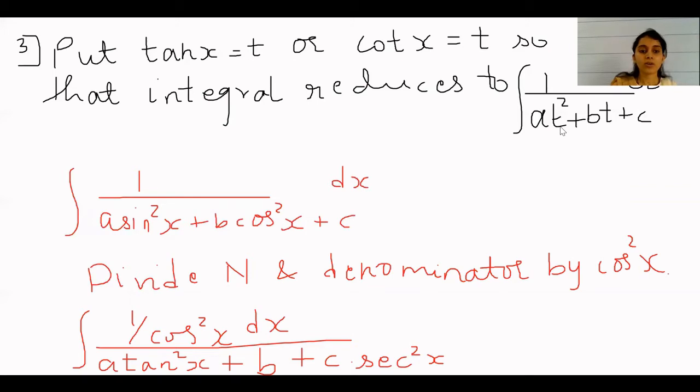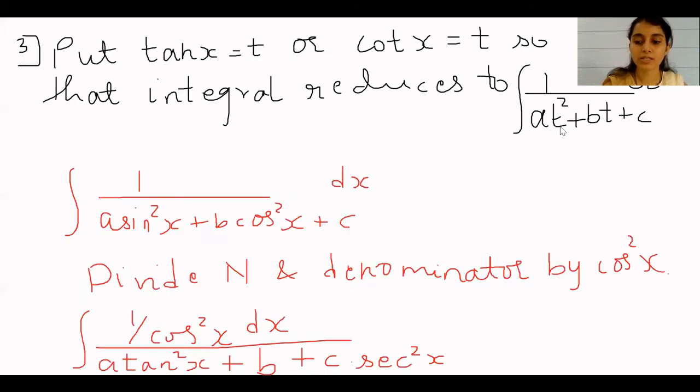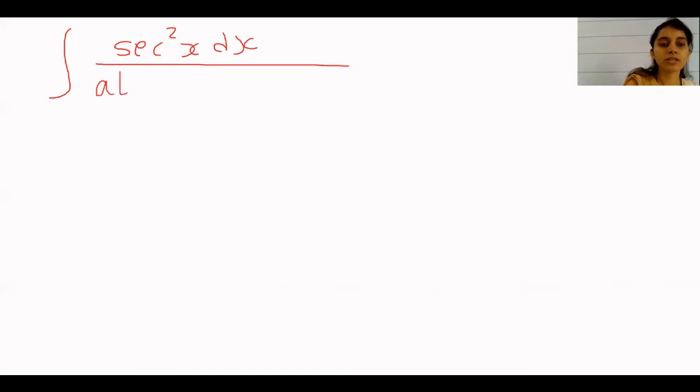Now let's go to the second step. In the denominator, remember this, replace sec square x by 1 plus tan square x. So we'll have the integral as 1 upon cos square, which is sec square x dx. Now remember, do not replace this sec square x in the numerator, this will remain as it is. The first term is a tan square x, plus b, plus 1 plus tan square x into c.